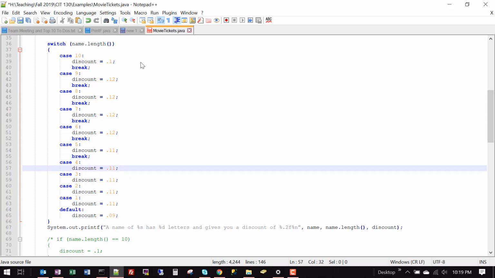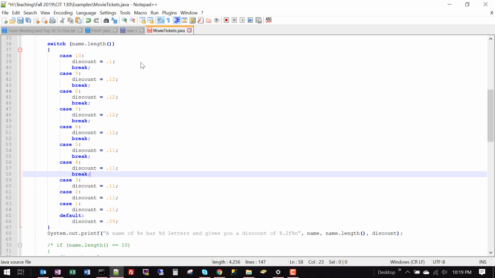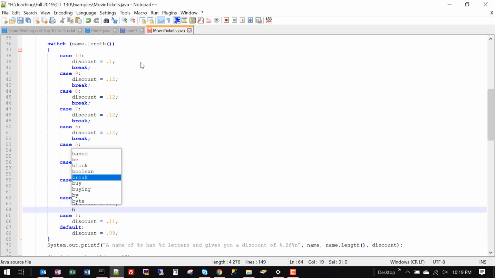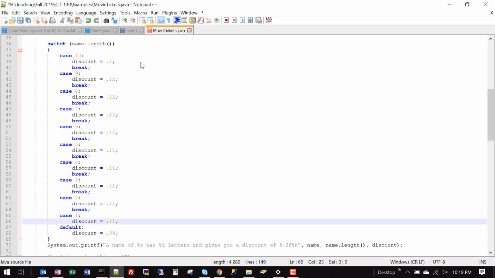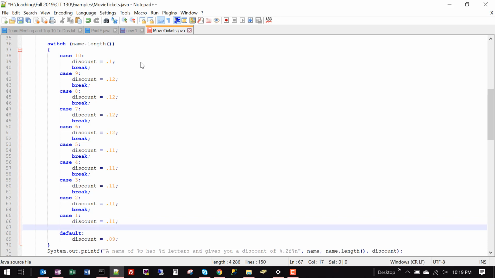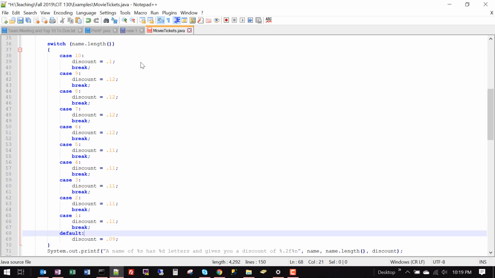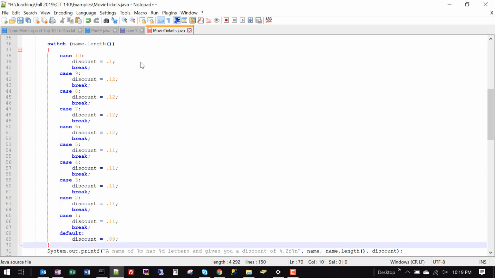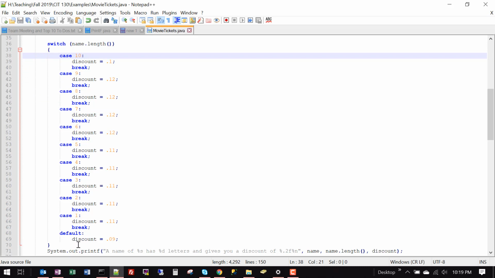Break out of the code block that I am in. I don't have to do it on the default because I'm done. So now it will give me the correct discount, which should be 11%. Let's just do that.